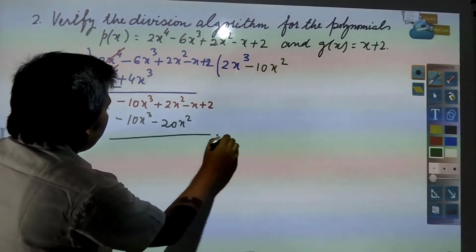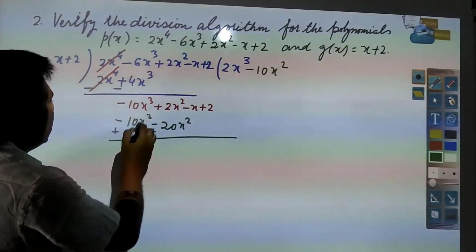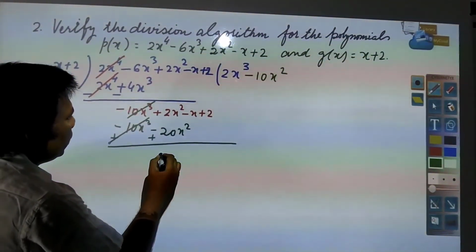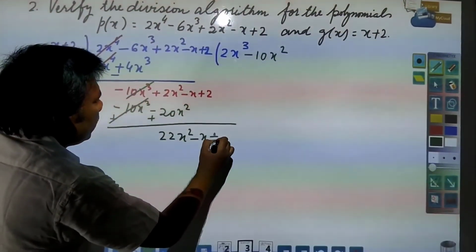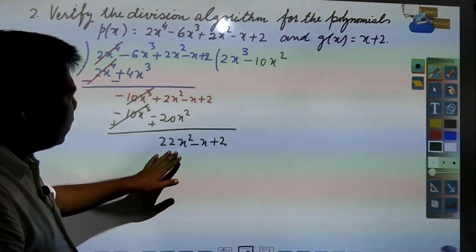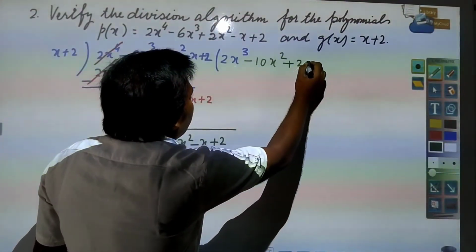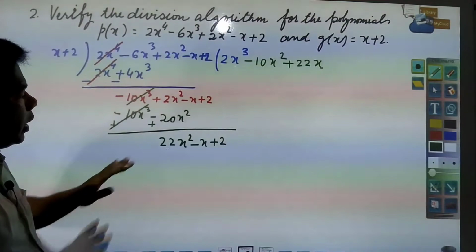So what will you get after subtraction? Here this will be cancelled, and here you will get 22x square minus x plus 2. Now here 22 you have got, so again we need to multiply with 22x, so that 22x square you will get.